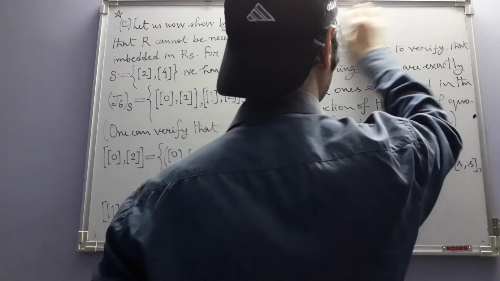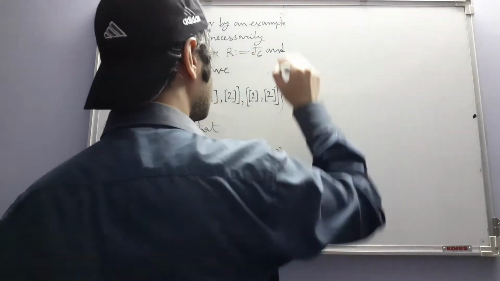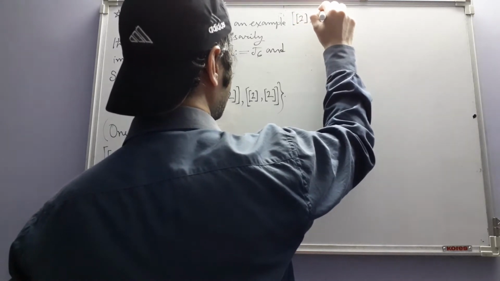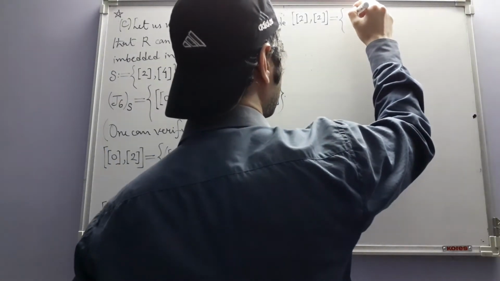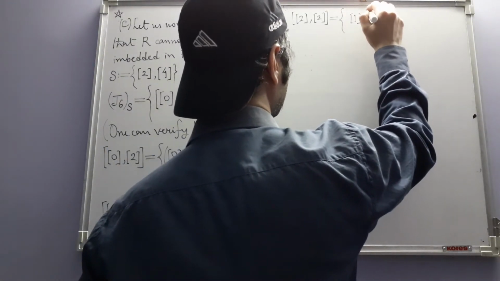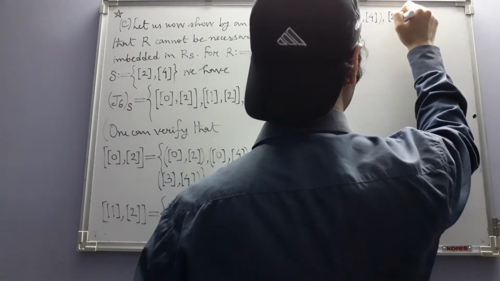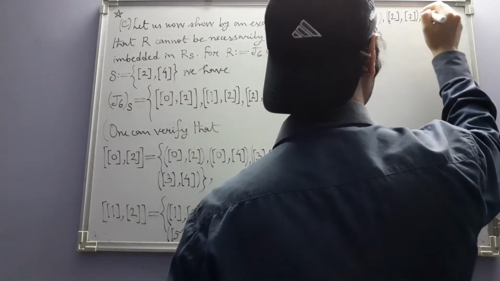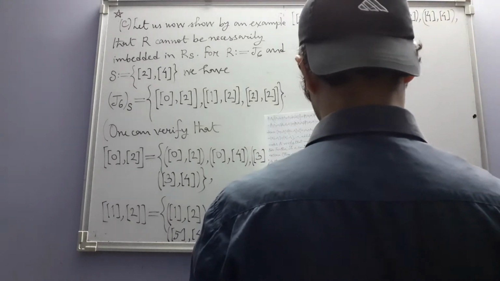And the last one, 2 comma 2, also has 4 ordered pairs: 1 comma 4, then 2 comma 2, which has to be there because we are representing it by that, right? Then 4 comma 4, and finally 5 comma 2.